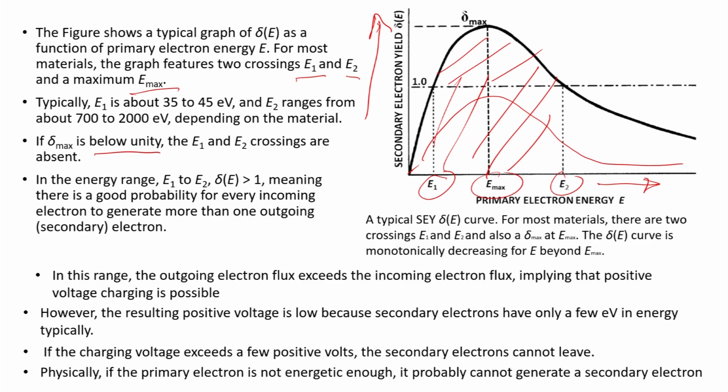Physically, if the primary electron is not energetic enough, then it is not possible for it to generate a secondary electron. If it is in this region, then we cannot have a secondary electron.